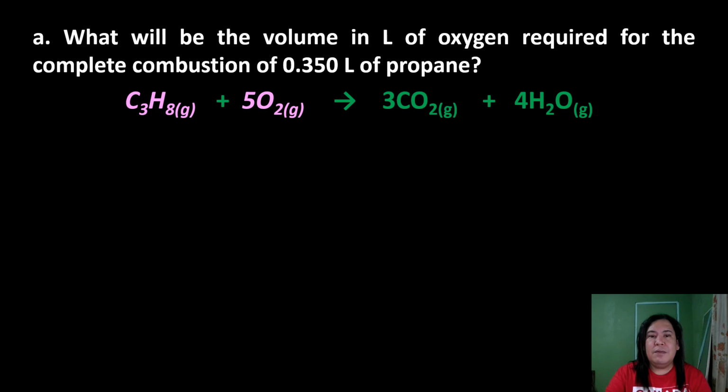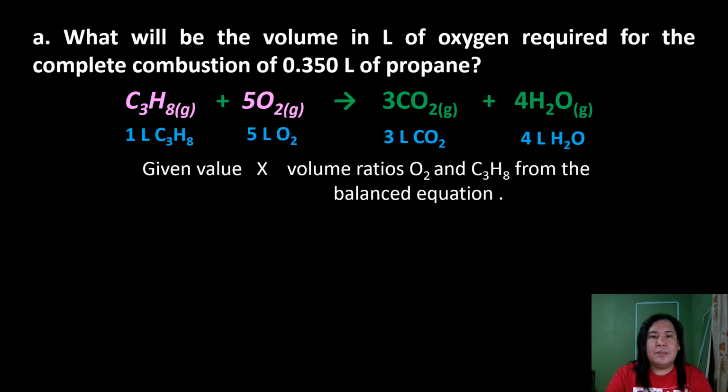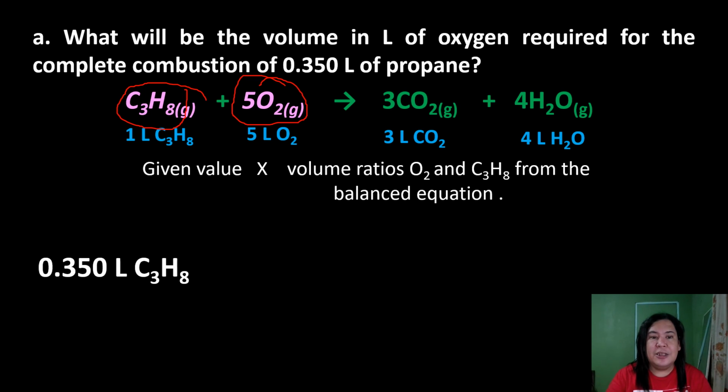So given the balanced equation of the complete combustion of propane, we take the given value times the volume ratio of oxygen gas and propane from the balanced equation, the ones in pink. So we will only use these two substances in the reactants in computing for the volume stoichiometric calculation. Our starting amount or the given value is 0.350 liters of propane.